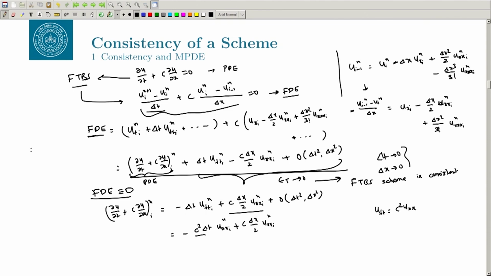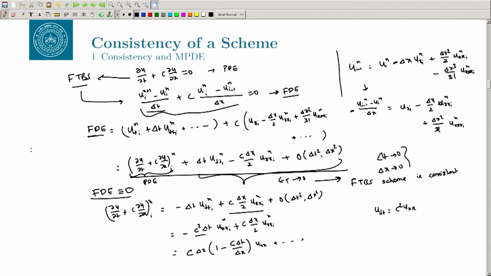Okay, I am getting a factor of 2 somewhere. Just let me work this out. Okay, so if I take this c delta x out, this will become 1 minus c delta t by delta x times u_xx.